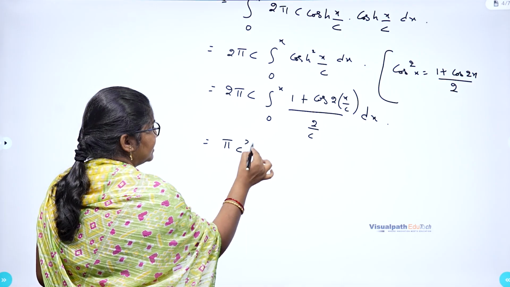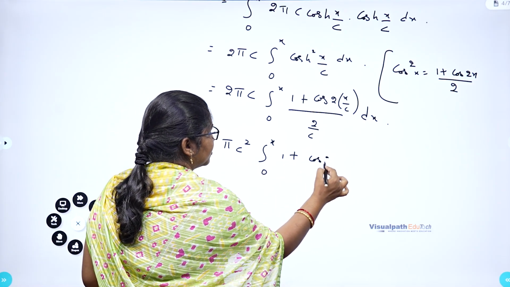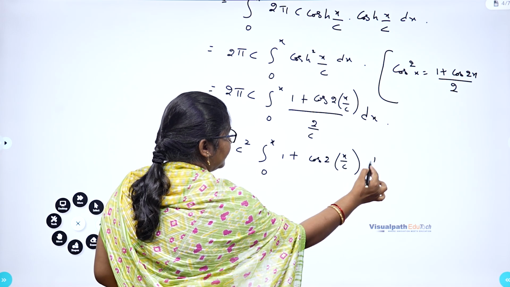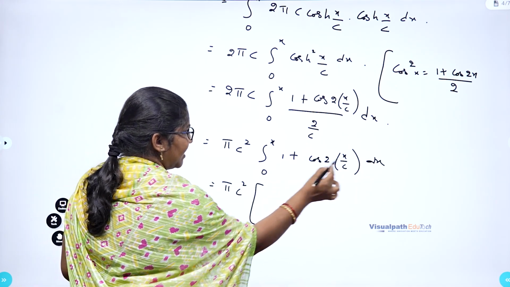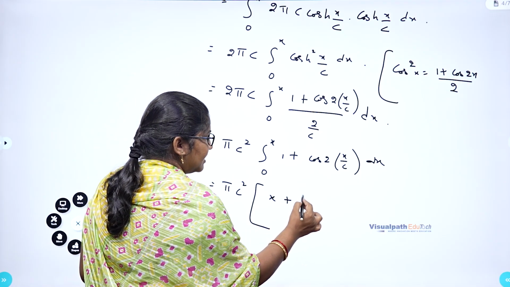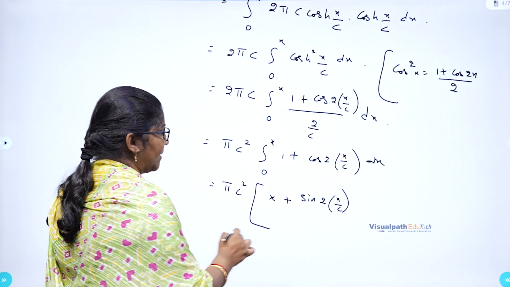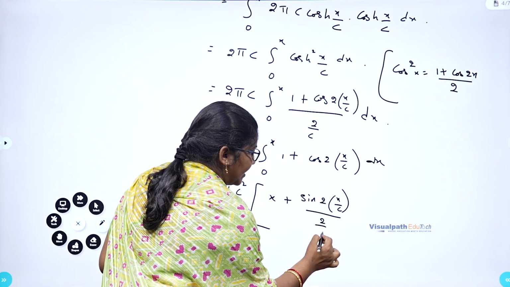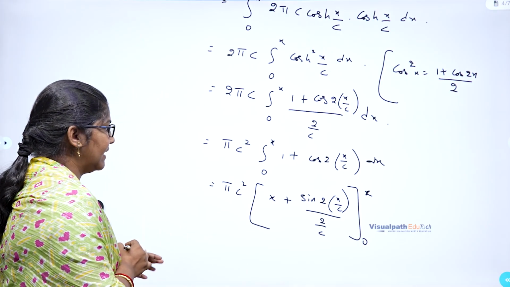Pi into c square, 0 to x, 1 plus cos 2 into x by c into dx. Pi c square: 1 integration is x, cos integration is sin(2x by c) by 2 by c, 0 to x.